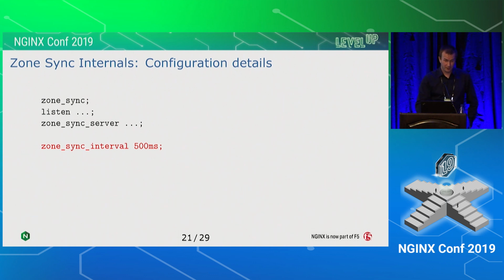Here are some configuration details with which you may fine-tune things. The most important one is the synchronization interval. It controls update frequency and thus controls how large the inconsistency window of the cluster is.